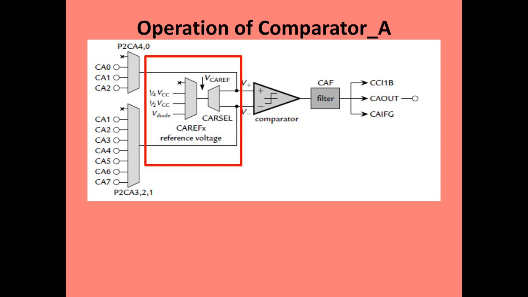According to the requirement, this output is connected to the inverting or non-inverting terminal. The inverting and non-inverting terminals provide the analog input information or reference voltage information to the comparator.